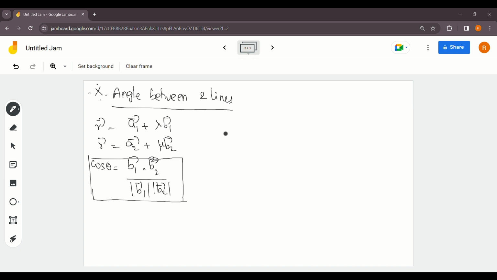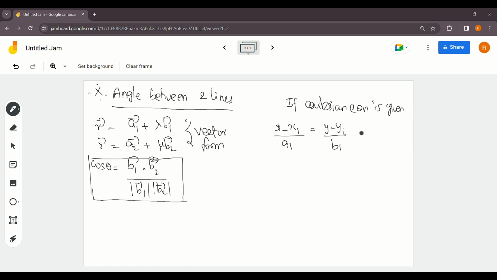And for Cartesian, this is in vector form. Suppose the Cartesian equation is given like x minus x1 by a1 equal to y minus y1 by b1 equal to z minus z1 by c1, and x minus x2 by a2, y minus y2 by b2, z minus z2 by c2.